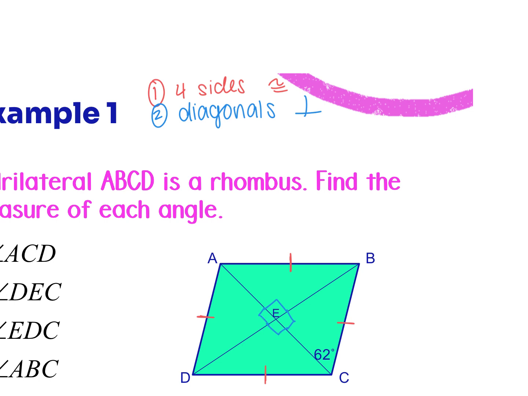What else do I know? What else do I know about a rhombus? Diagonals bisect opposite angles. Good.